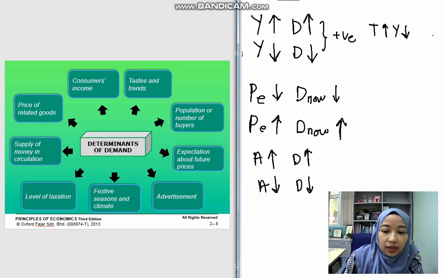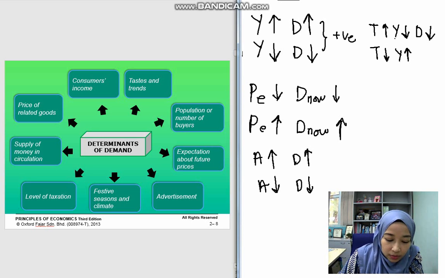So the higher the income tax, the lower the income left for you to spend. The higher the tax, the less your income because you have to pay tax. So demand will reduce. So an increase in tax will cause demand to decrease. But if the government decides to reduce tax, income will be higher, because people pay less income tax, and therefore demand will increase because people have more money in hand to spend in the economy.